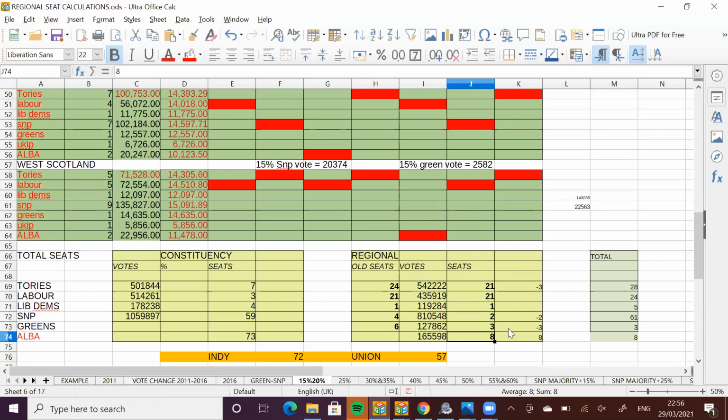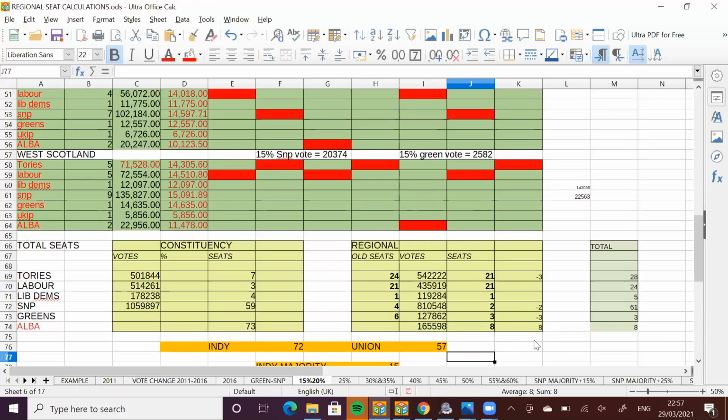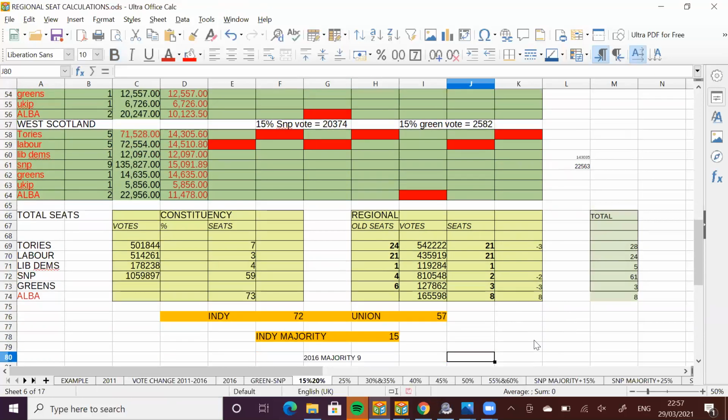So although the Greens and the SNP lose seats, we lose 5 Indie MSPs, and we lose 3 Unionist MSPs, but we gain 8 independence MSPs with Alba, which would take the Indie majority up to 15. At 2016, it was 9.